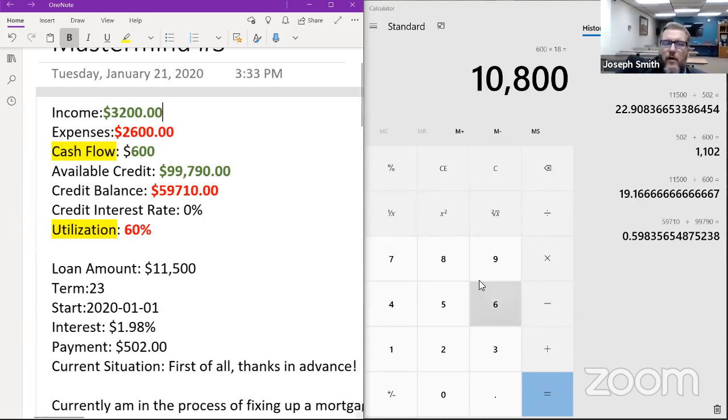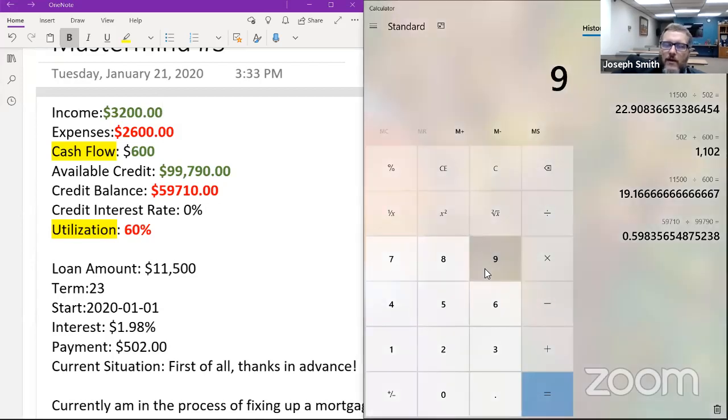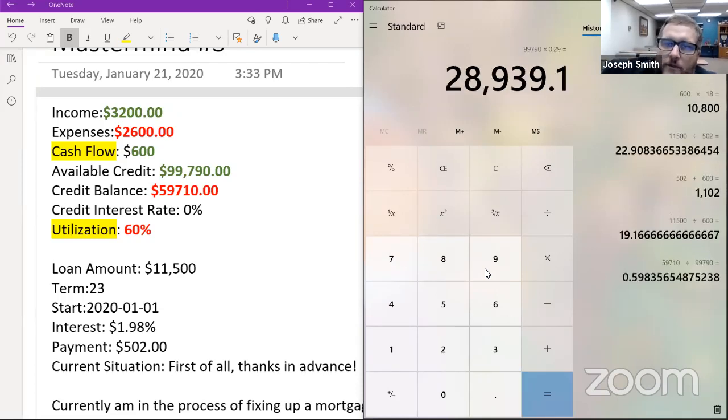If we go over here to our calculator, if we need additional funding, we need to get our utilization under 30%. So let's take our total amount of debt and multiply it. We need to have no more than $28,939.